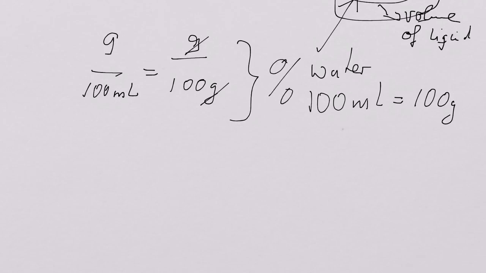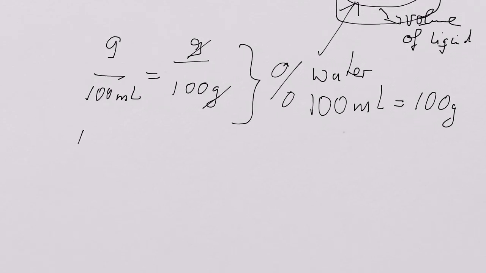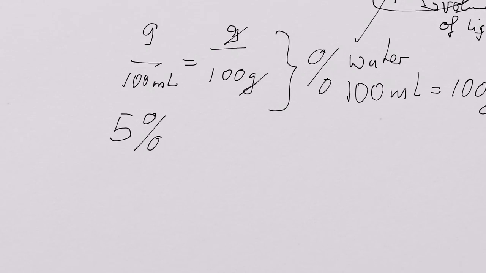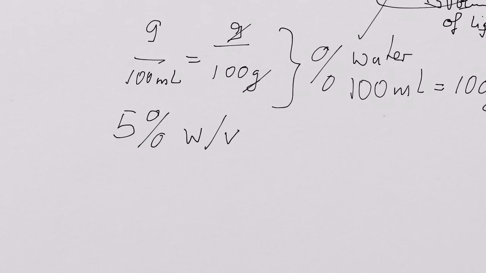So, going back to the less complicated things, a 5% solution is usually abbreviated as 5% weight per volume, solid in a volume. A 5% solution means 5 gram in 100 milliliter.